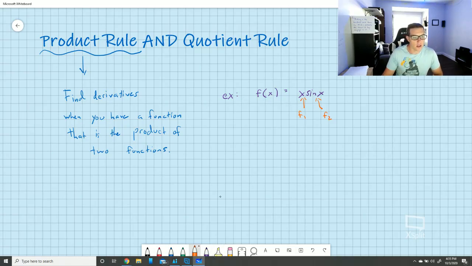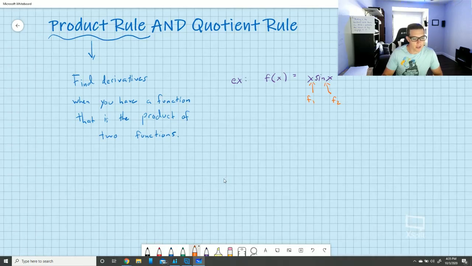All right, so the general formula, it looks like this. It says that, all right, if you have a function, we'll call it y equals f of x times g of x. So you have this y function that is the product of two functions.